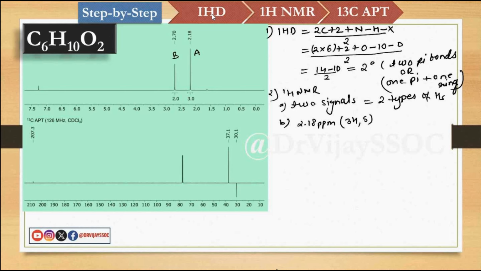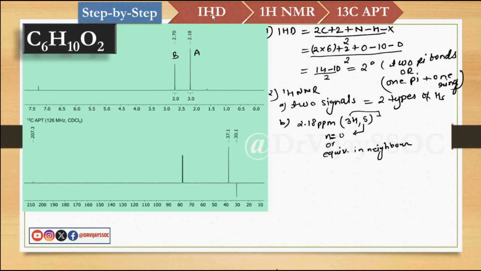So this implies that the n value will be 0, or there are equivalent hydrogens in the neighbor, or there is no hydrogen.